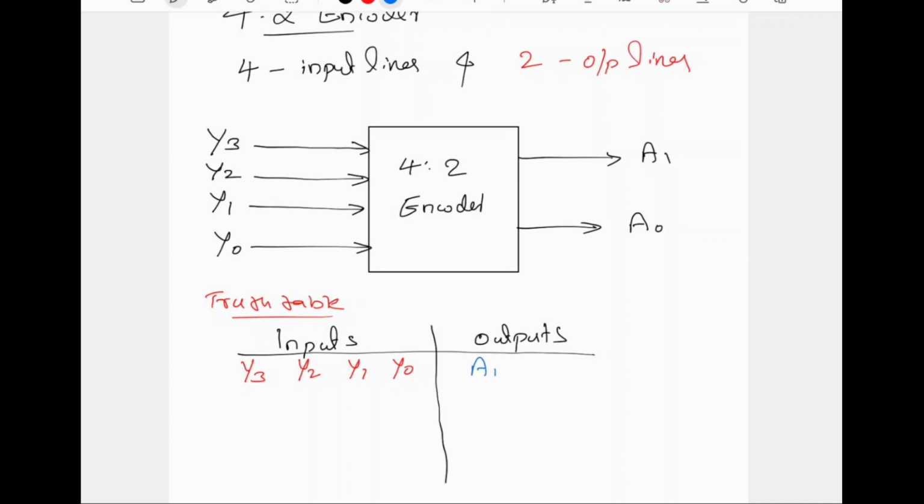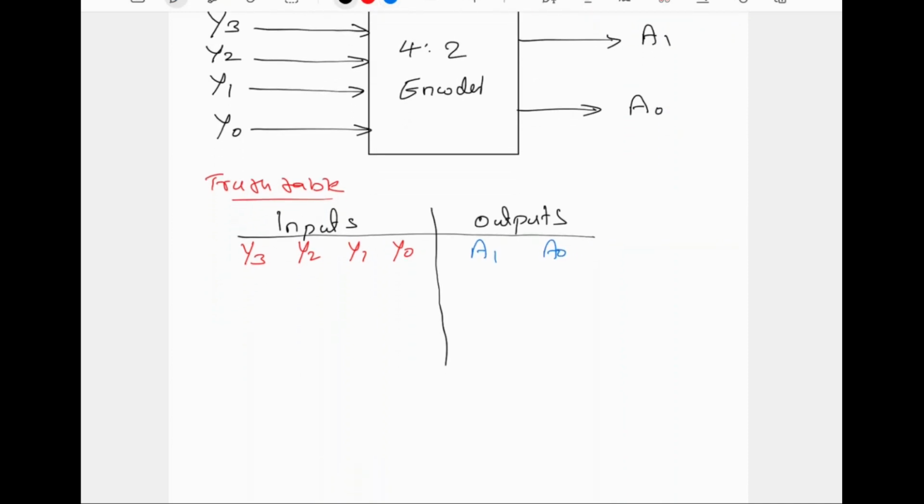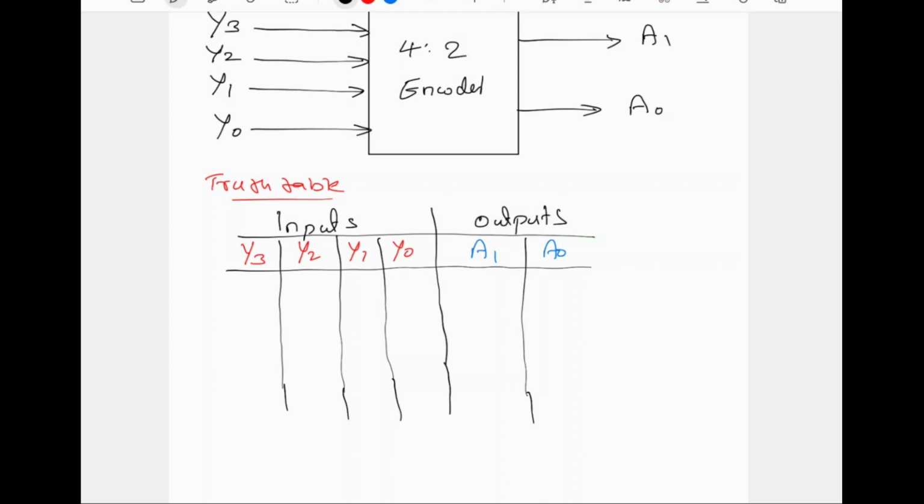And in the output we have A1, A0. So we have different combinations. First case, suppose y0 is high and all other inputs are low.